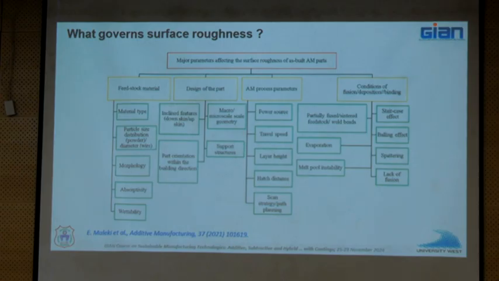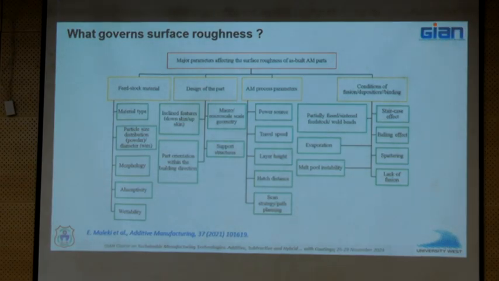What are the factors that affect surface roughness in a part? We very briefly just mentioned layer thickness, but there are many other things, right? The feedstock influences surface roughness. Do we all agree with that? Yeah, coarse powder, fine powder, it will affect surface roughness.